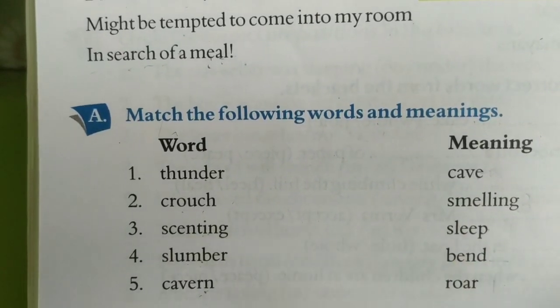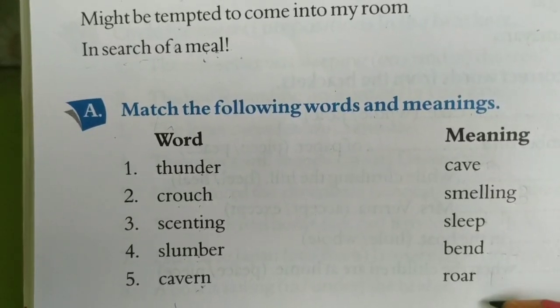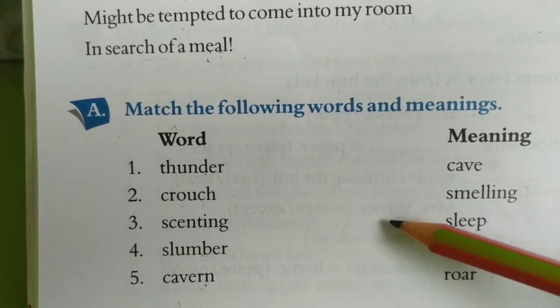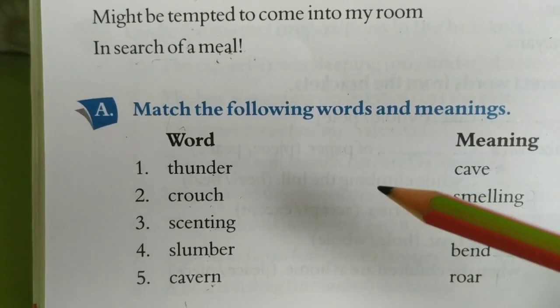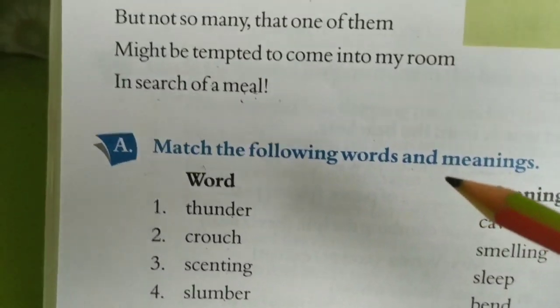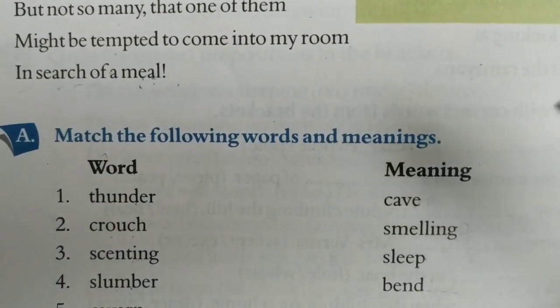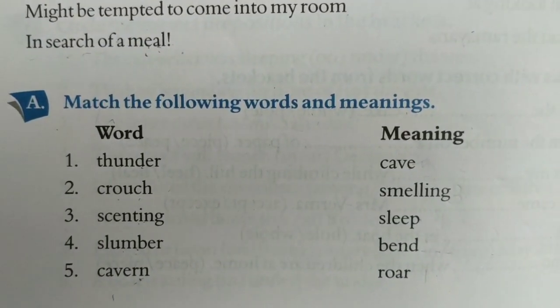So you will not draw the line. In fact, if one is there, you will write the numbers at the side. So I think I will give this to work by yourself as I have explained the meanings, right? Then we move to the next one on the next page, page 97, B.